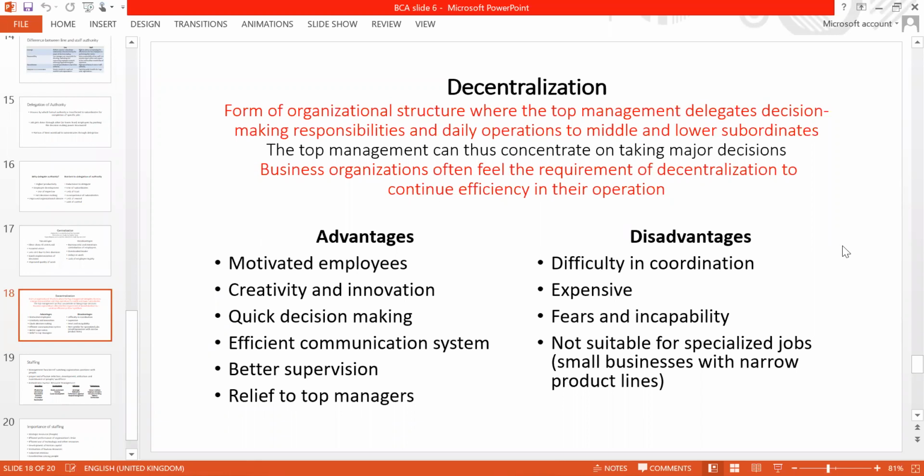It is not suitable, it cannot be done in all the organizations.